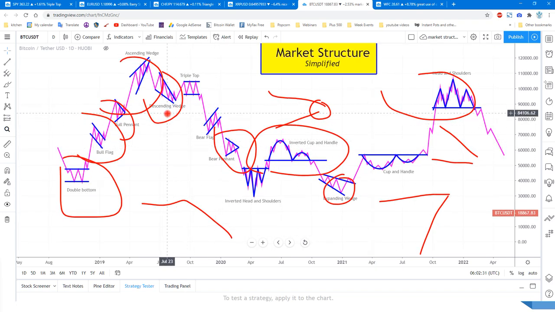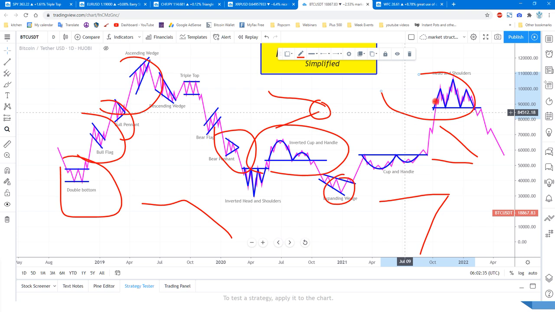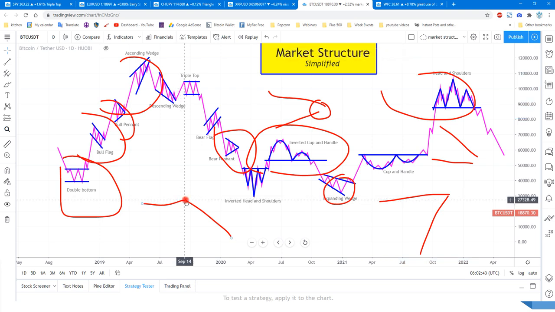So in our chart pattern structure, we have our head and shoulders and we have our inverted head and shoulders. Let me just get some of this mess off of the screen. I thought I cleared up the last class, but I guess I didn't.